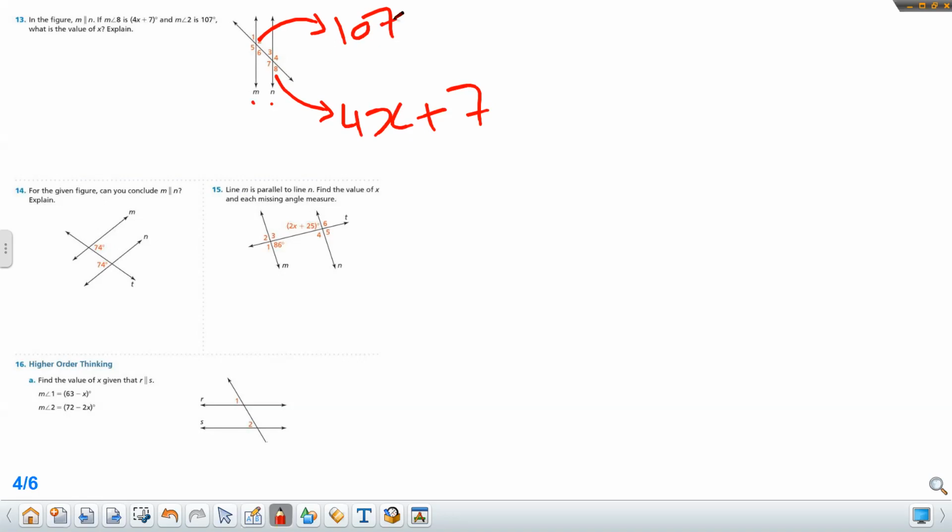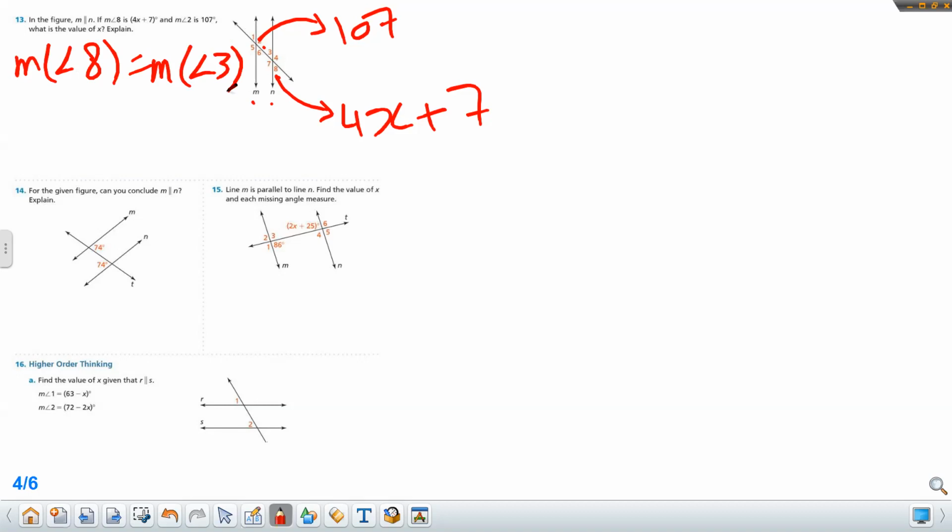First, 8 and 3 are opposite angles. So measure of angle 8 equals measure of angle 3 because they are opposite.